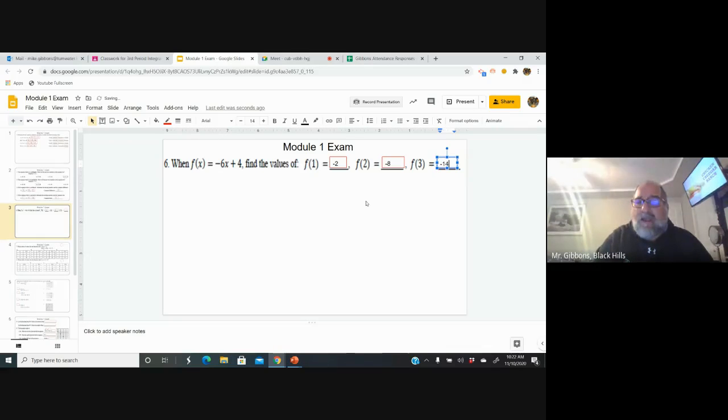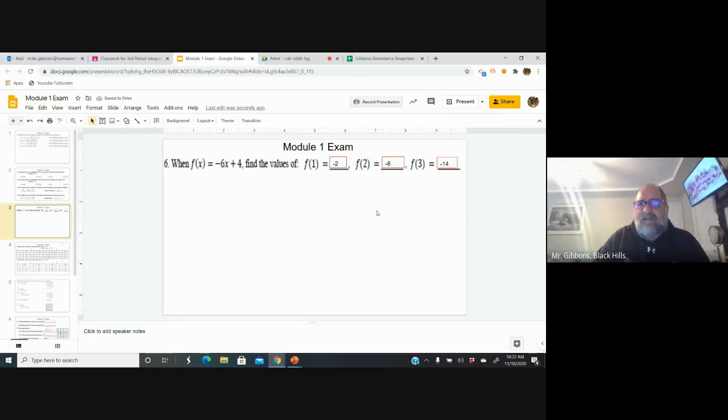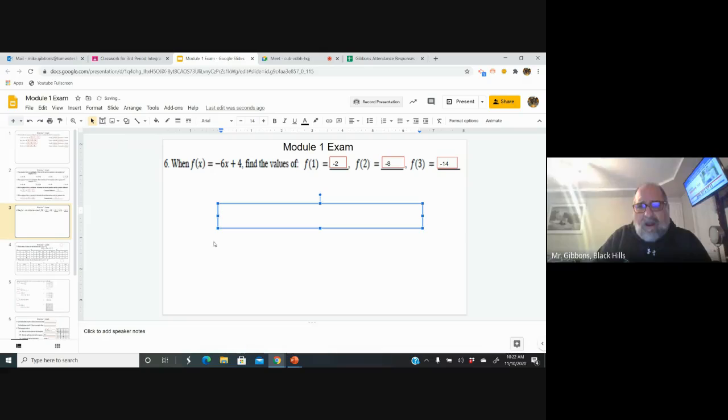And by the way, you guys, if you're struggling doing the arithmetic in your head at all, you could put this in your calculator exactly the way you see it. So let me do a text box right here to show you. If I wanted to punch each of these out on my calculator, all right, I would just do this. Equals. And then on my calculator, I would hit my negative 6.